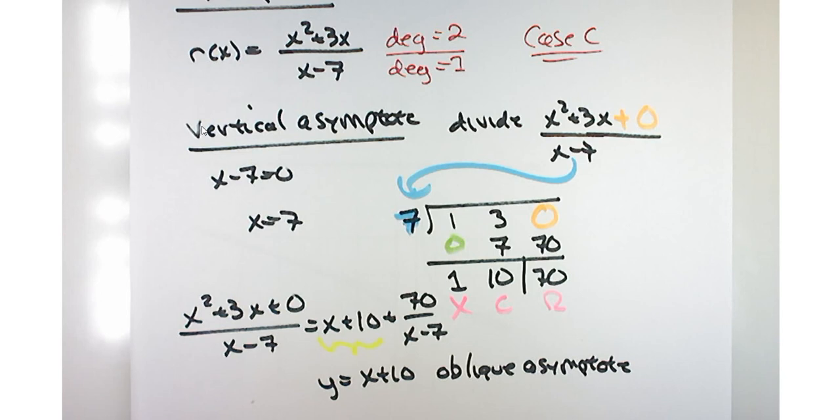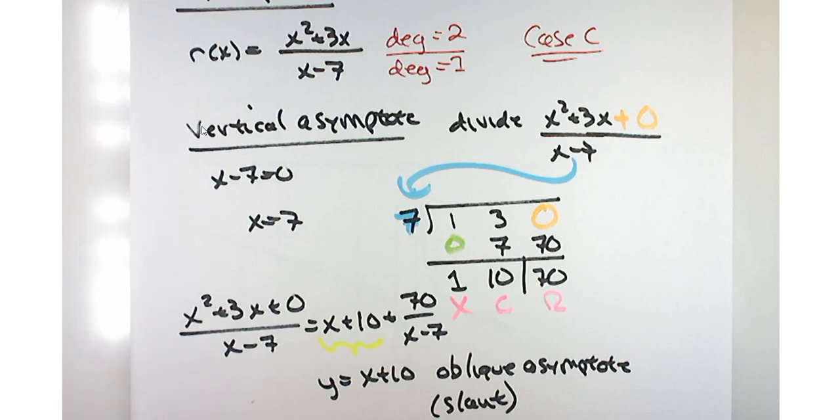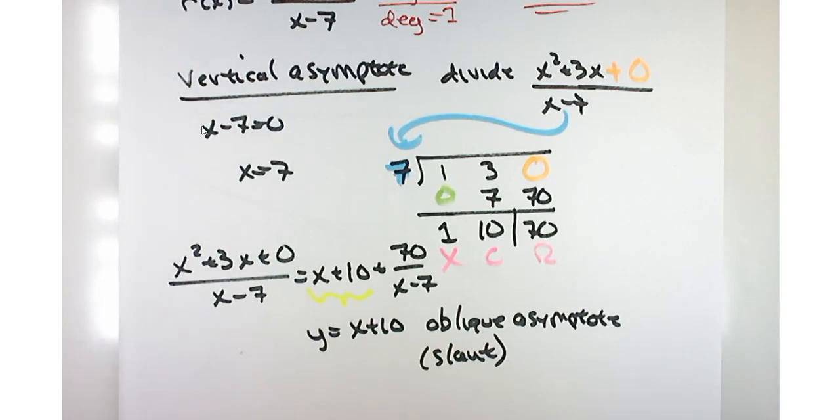You can also use the word slant asymptote, a synonym in this case for oblique. The rest of this stuff, you can play around with.